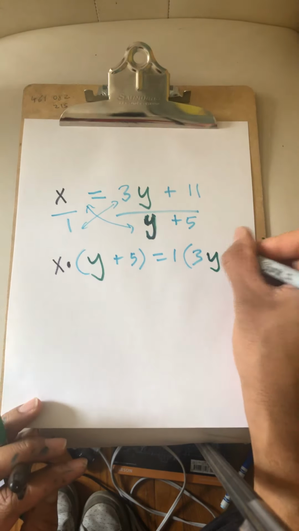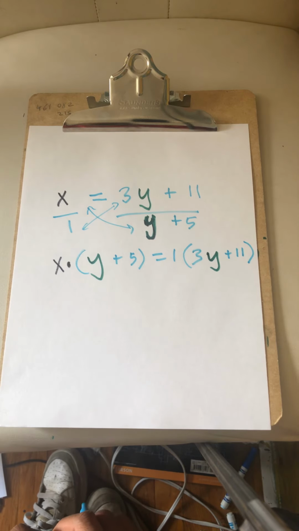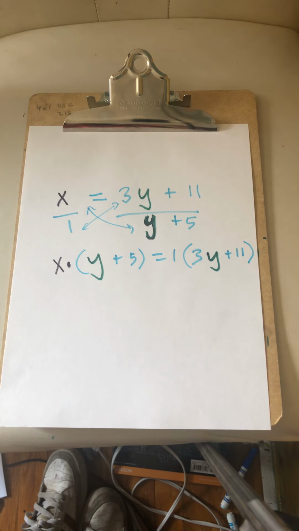Now I've replaced x with y, so I'm just going to solve for y. Obviously that would only make sense, because if I solve for x, then I wouldn't have to go through this process in the first place. Did I solve for x? No, it wouldn't make sense.